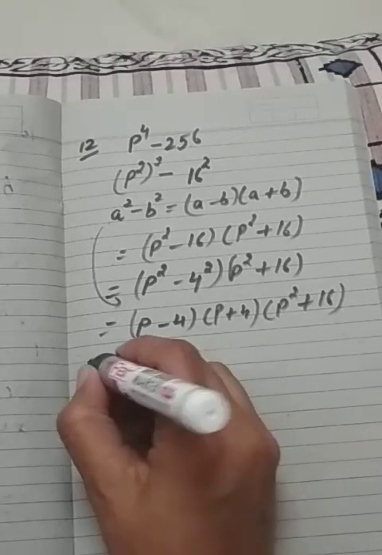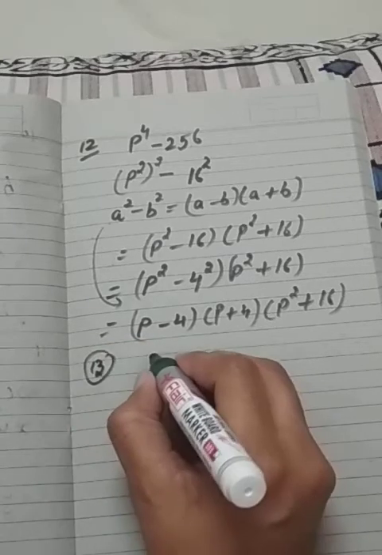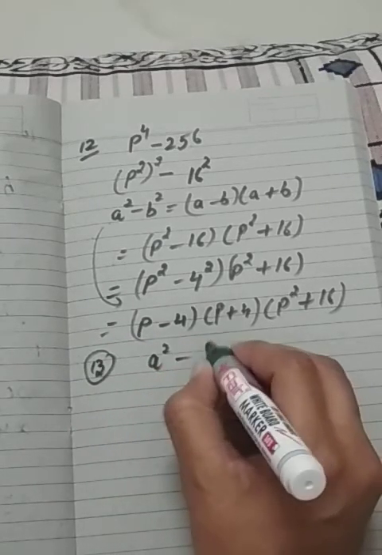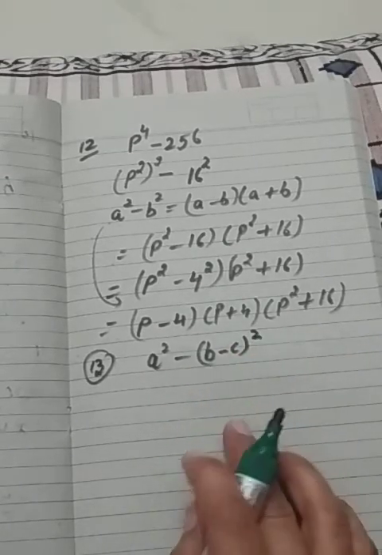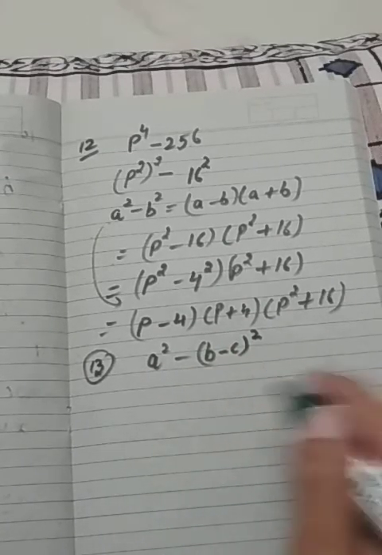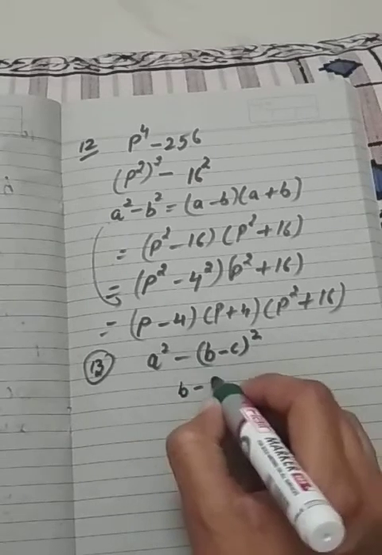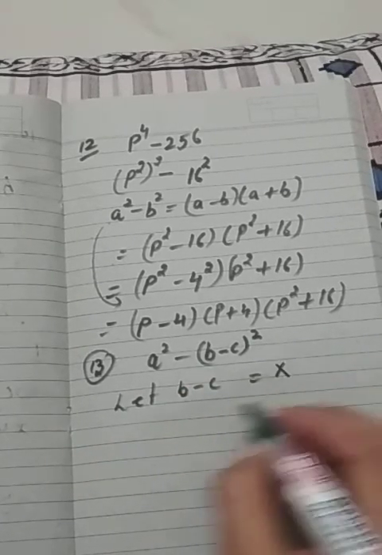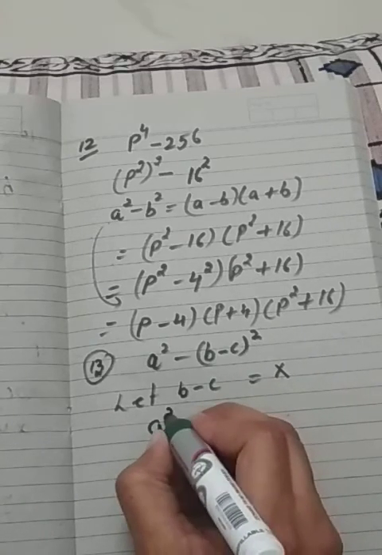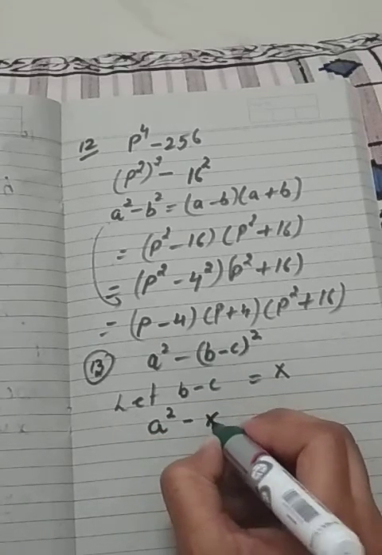Now see the 13th part. A square minus b minus c as a whole square. A square minus b square. Let's assume that b minus c is equals to x. Now we can write here a square minus x square.